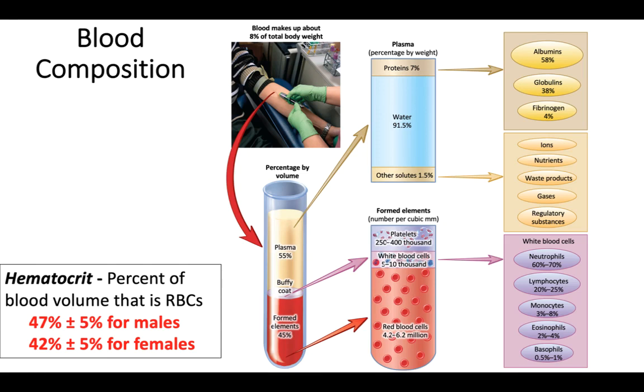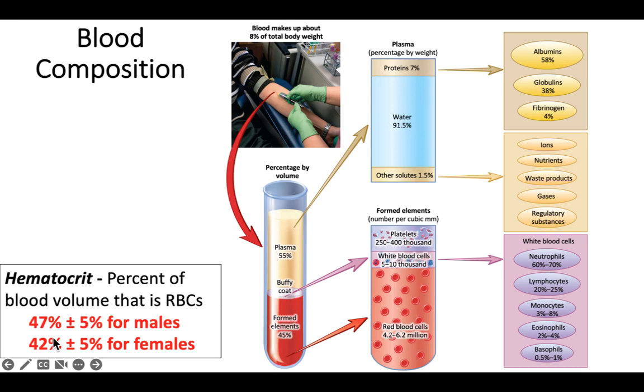And that is known as a hematocrit. A hematocrit is one of our many blood tests we can do. We can see what percent of that person's blood is red blood cells. In females, it's a bit lower. So the normal number is about 42% plus or minus 5. So women might have as low as 37% or as high as 47%.